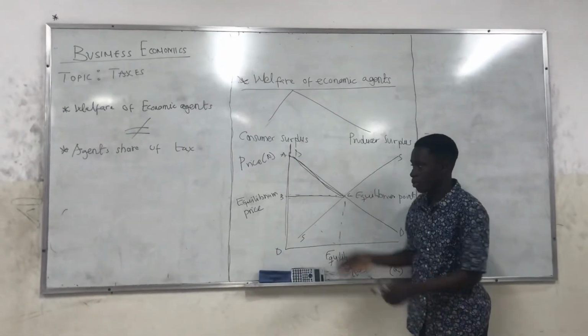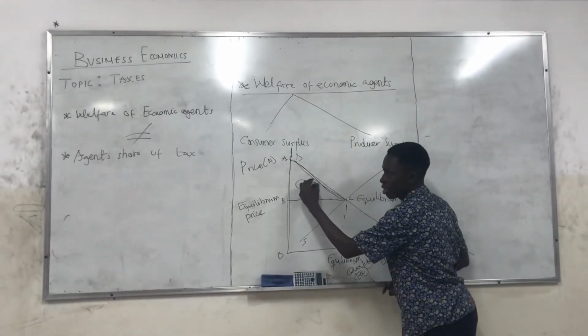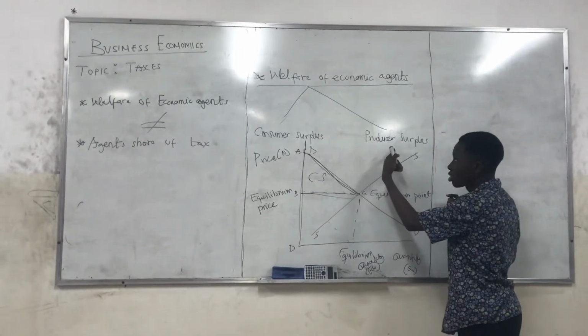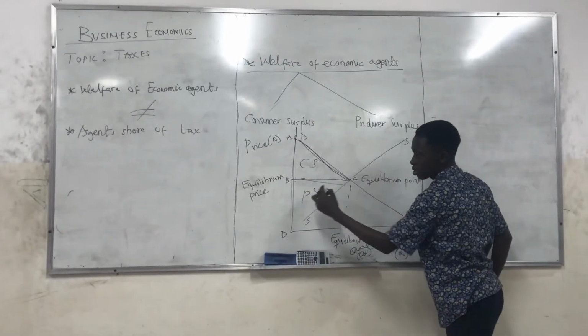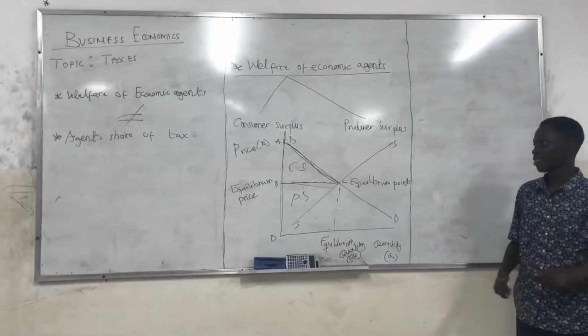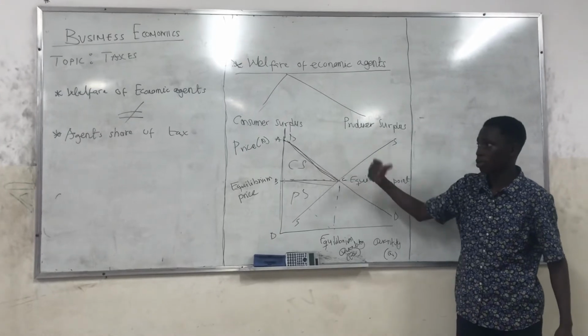Above the equilibrium price, which is this side upwards, it's the consumer surplus, CS. Below the equilibrium price is producer surplus, PS. So welfare of economic agent: consumer surplus, producer surplus.